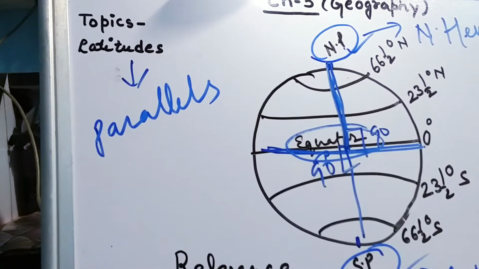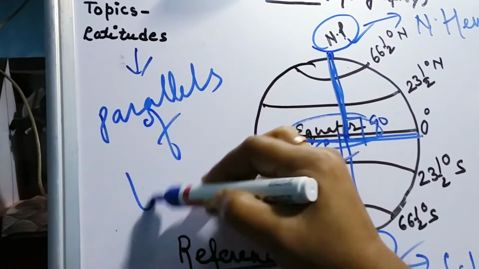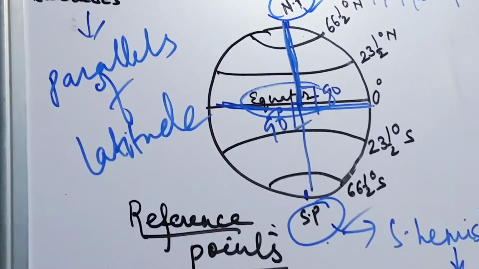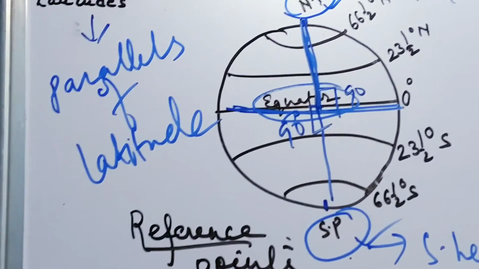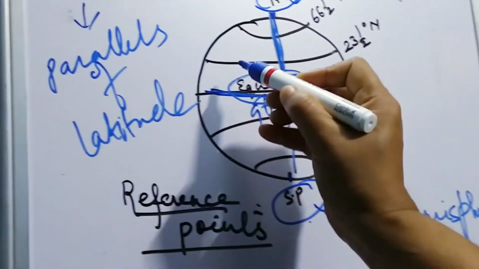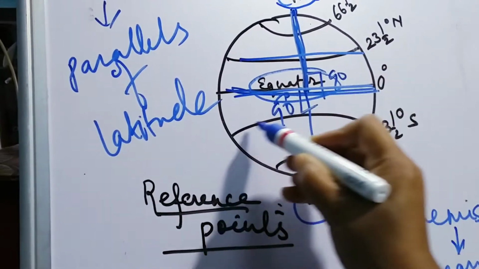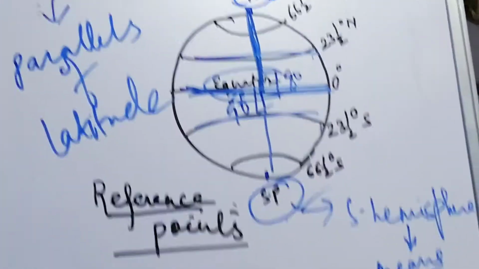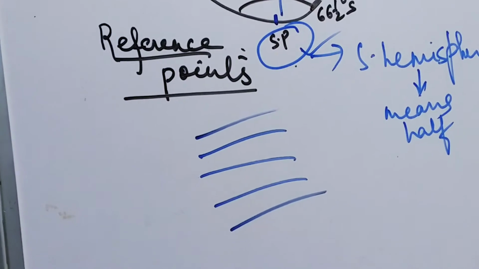What are they called? Parallels of latitude. Why are they called parallels of latitude? Because all these lines are parallel to each other. These lines are parallel lines, right?